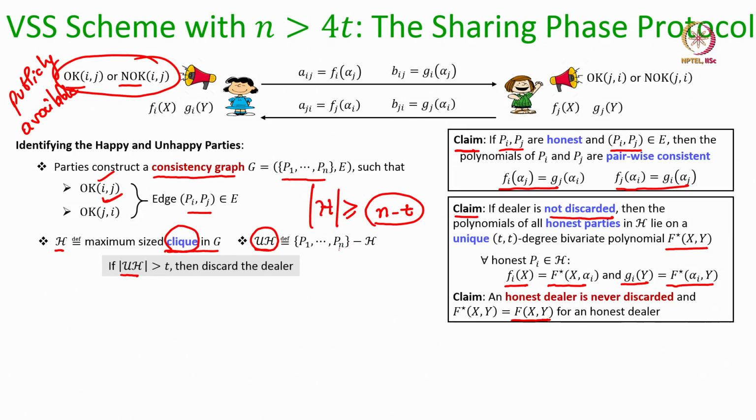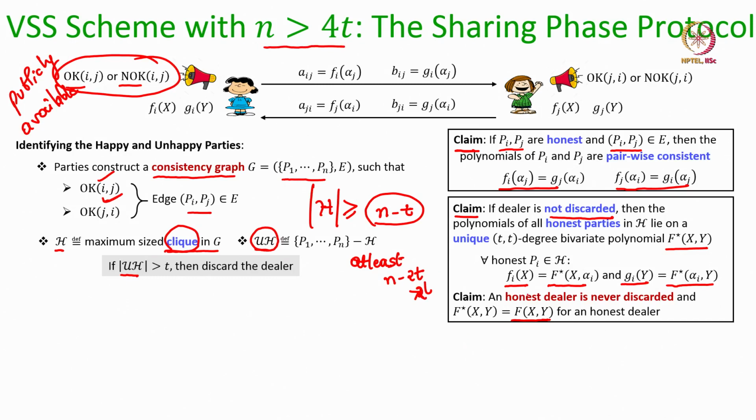So, if I focus on the happy parties who are also honest, then they are at least n minus 2t in number, and n minus 2t is clearly greater than 2t, because we are working with the condition n greater than 4t.